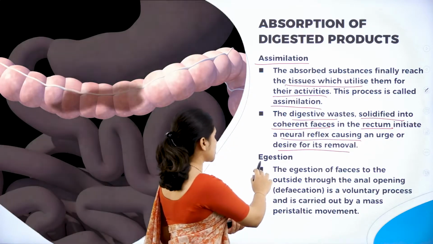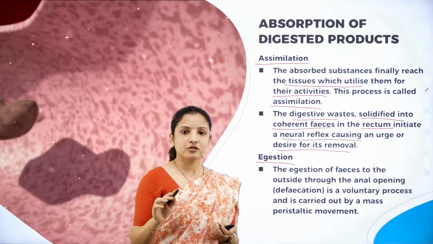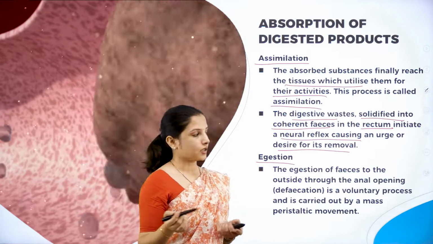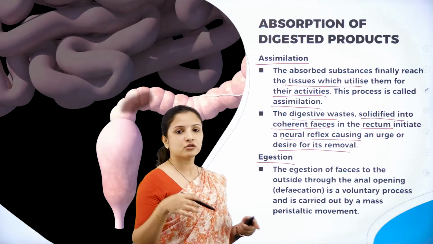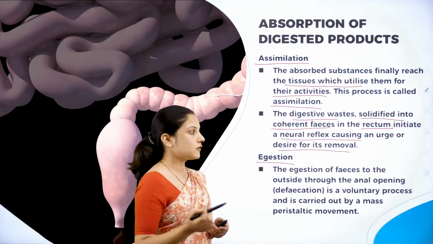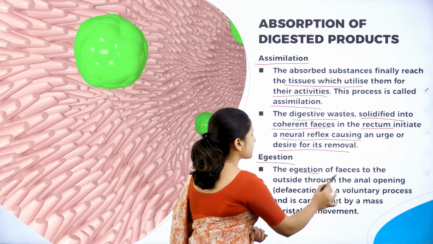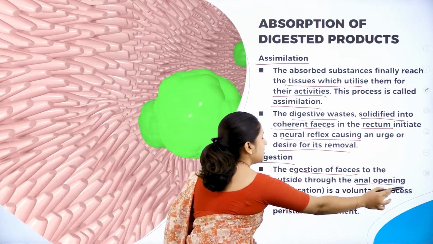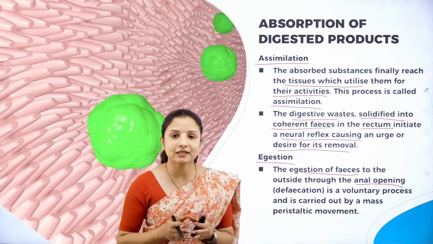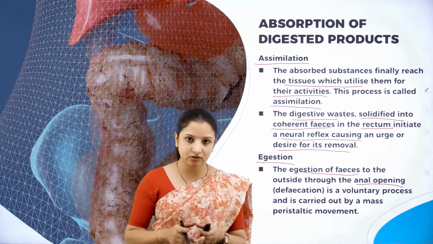So after assimilation, what happens? Egestion will occur. In egestion, the excretion of the feces to the outside through the anal opening will occur. In the rectum, the excreta will get stored, right?